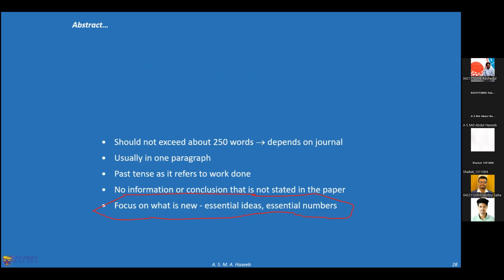And since the space is so short, you cannot give too many things. So you have to focus, you have to be selective, and you have to give only the essential and most critical ideas. And if there is any number or any quantitative information, you give those in the abstract.